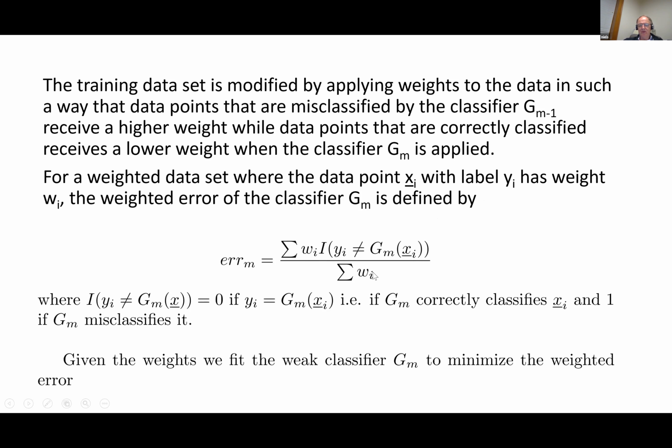I'm always going to make sure that my weights add up to 1, so I don't have to divide by this. In that case, the weighted error of this classifier is just the sum of all the weights belonging to points that are misclassified.